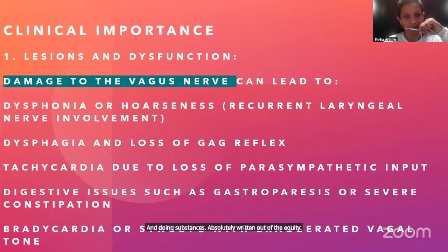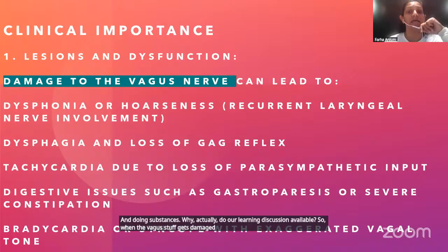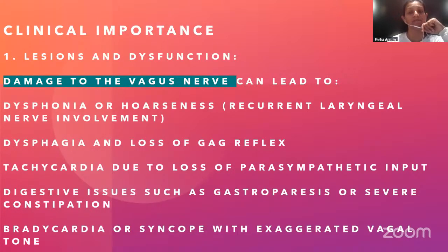Why are we learning and discussing the vagus nerve, and what is its importance? When the vagus nerve is damaged, as it supplies the muscles responsible for pronunciation or making the voice, one can correlate the damage with hoarseness, due to the recurrent laryngeal nerve.